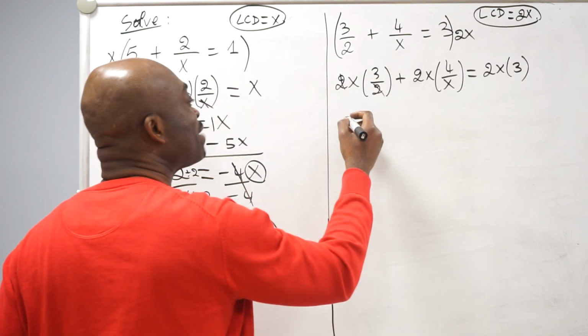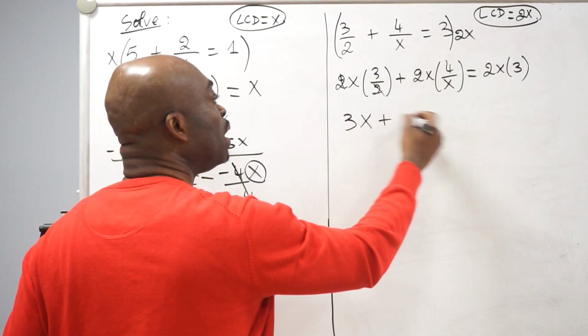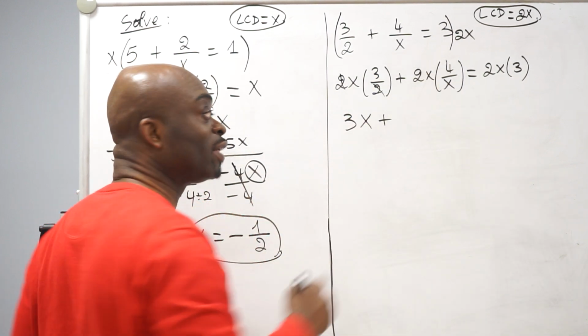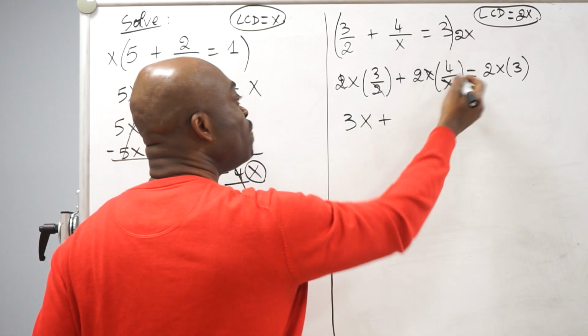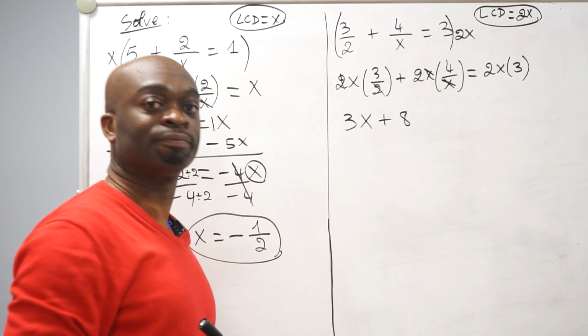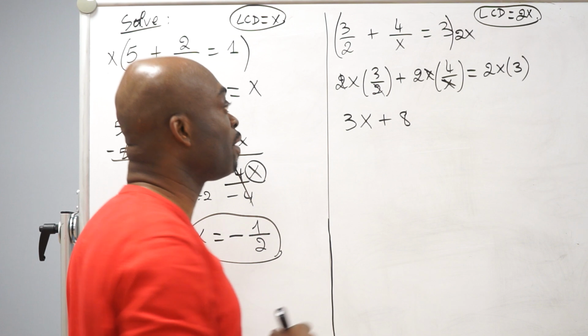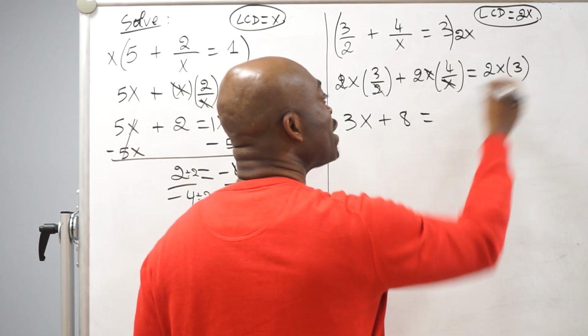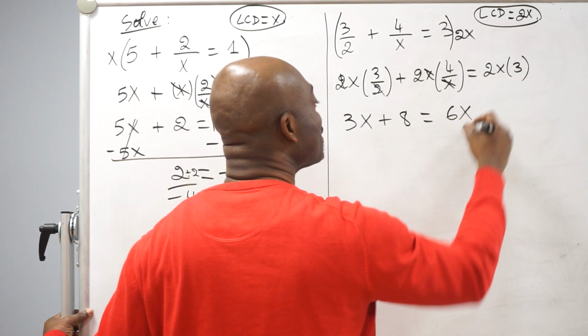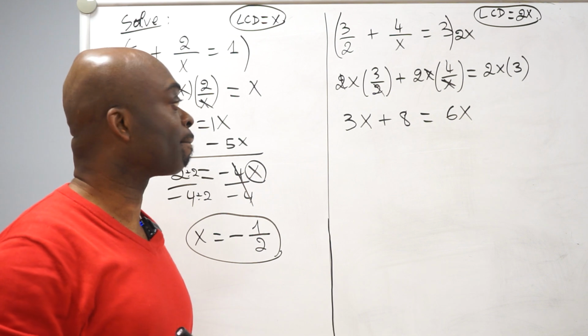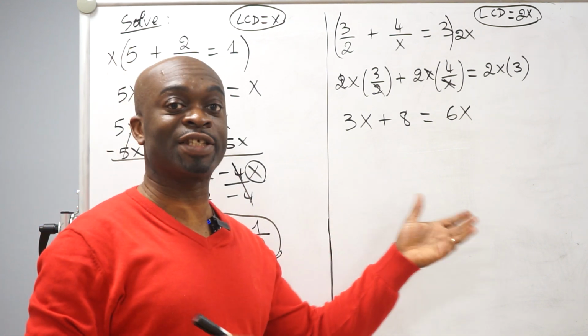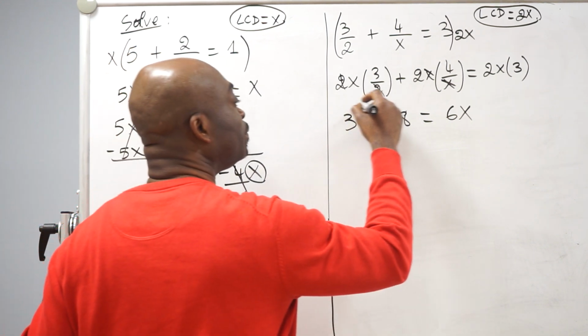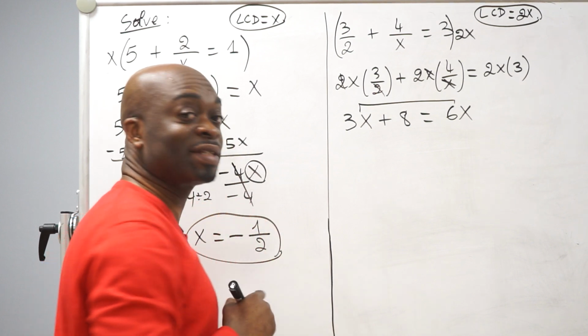So we have 3 times x, which is 3x, plus 2x times 4 over x. The x goes out, and 2 times 4 is 8. Are we good? Then this is equal to 2x times 3, which gives us 6x. In this case, we have to combine 3x and 6x.